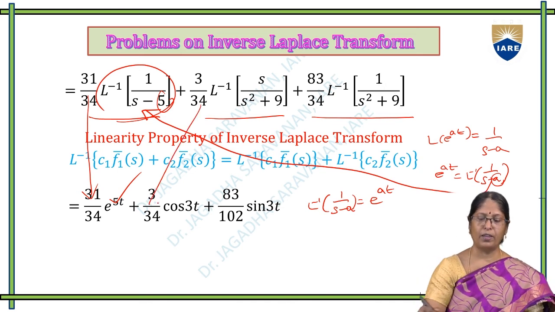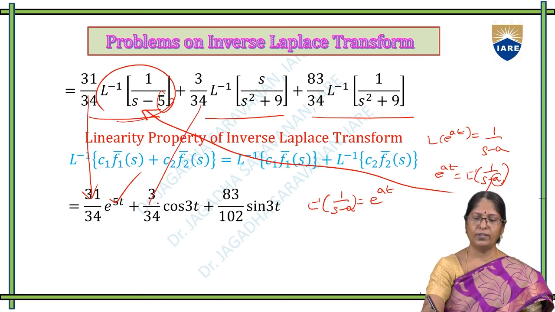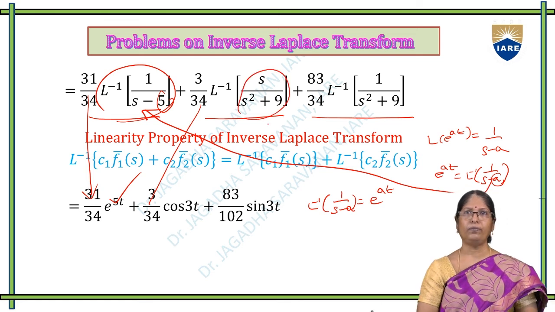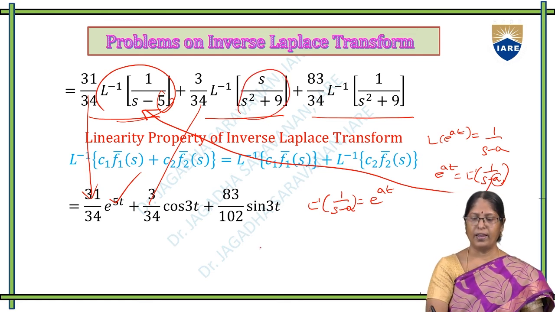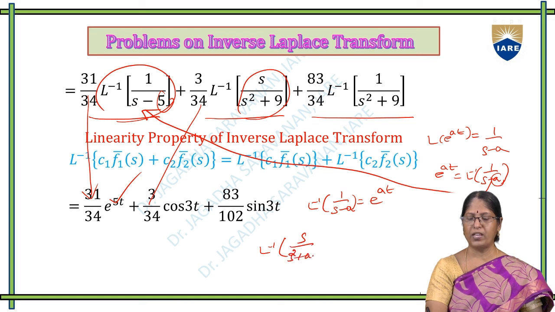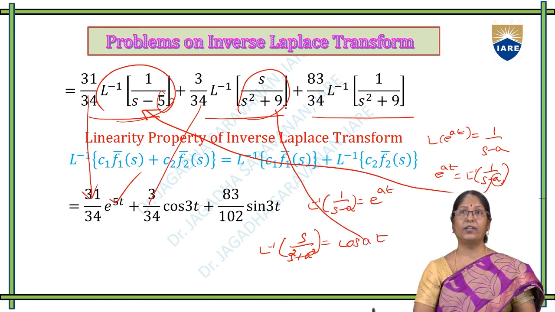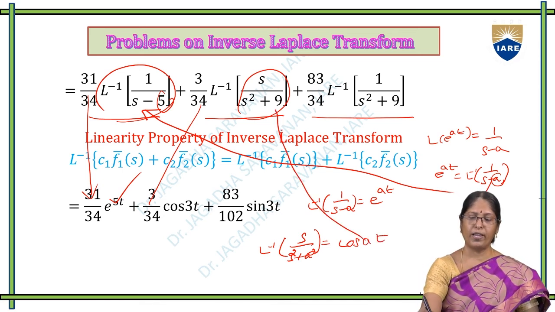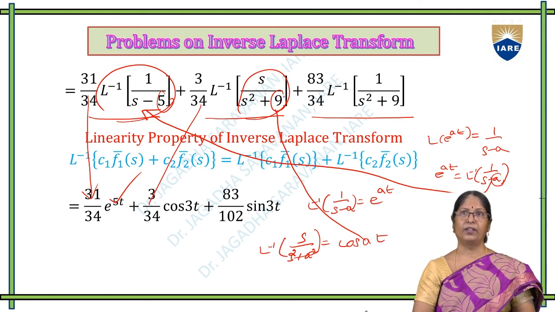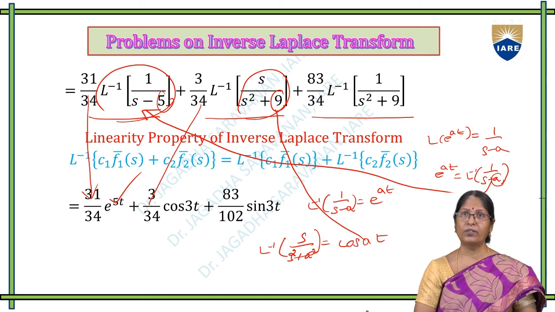Here it's 3 by 34. This is in the format of L inverse of s by s square plus a square, which is nothing but cos at. Our a square place has 9, that means 3 square, so a is playing the role of 3.